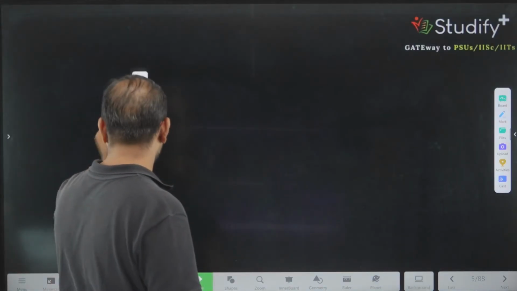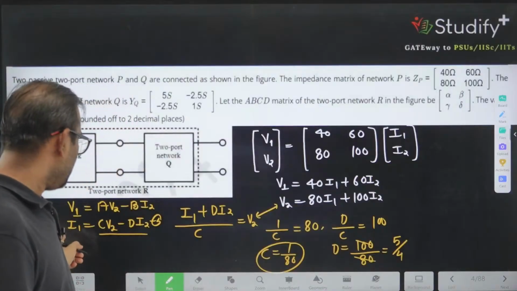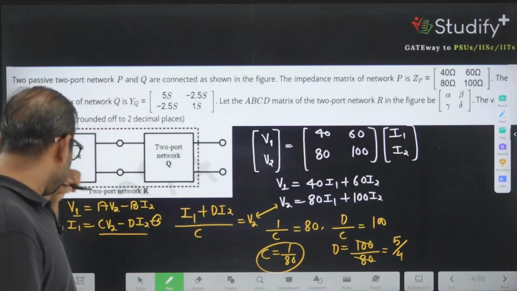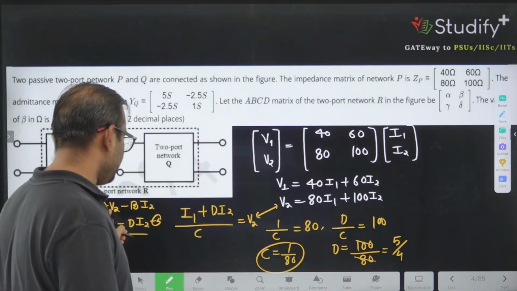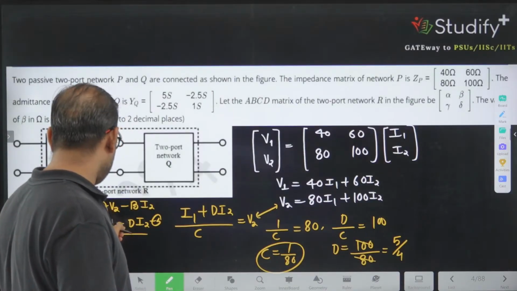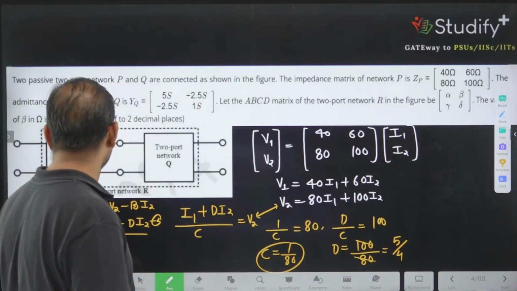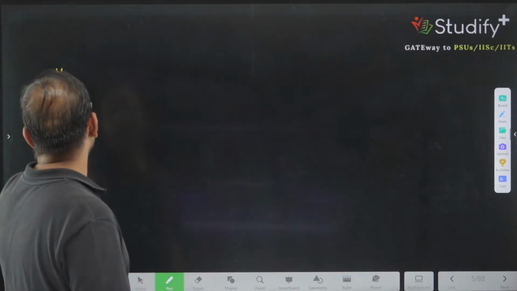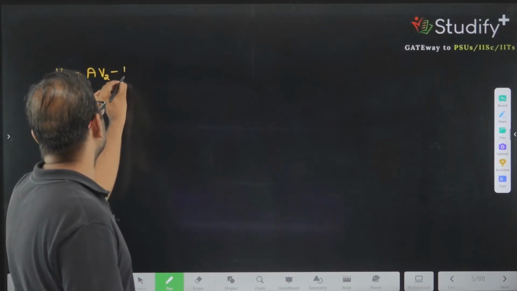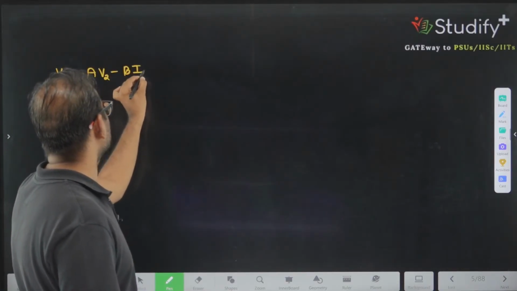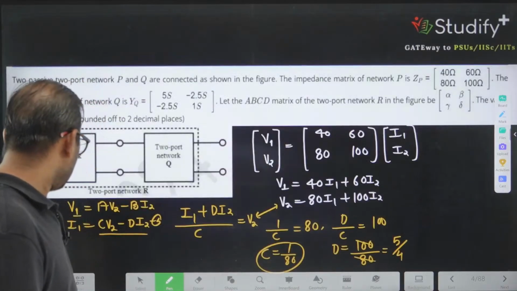Or I can say, what is the value of V2? So what is the value of V1? Okay, V1 is A V2 minus B I2.